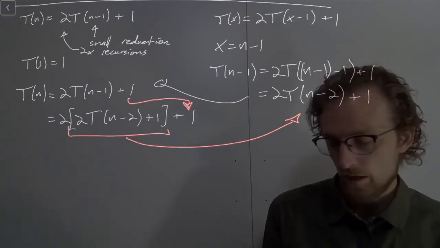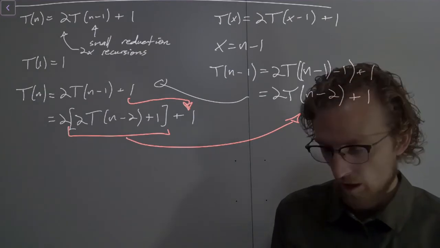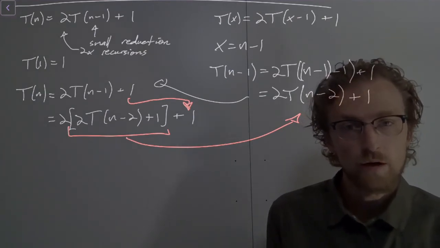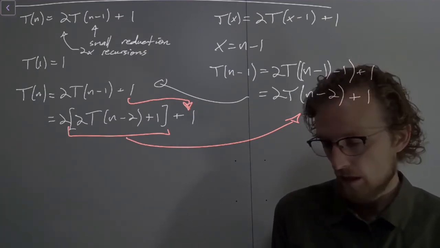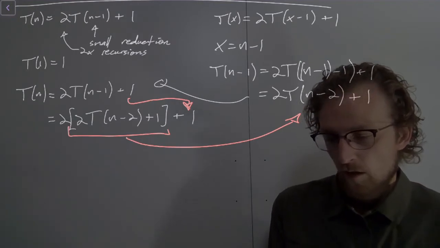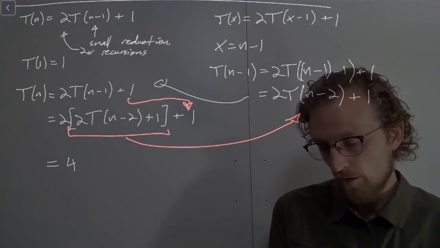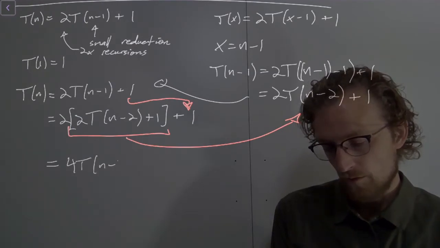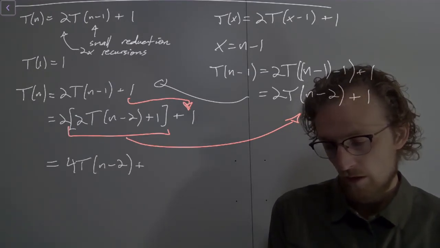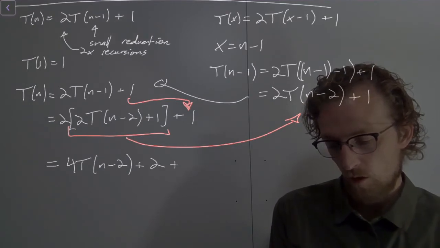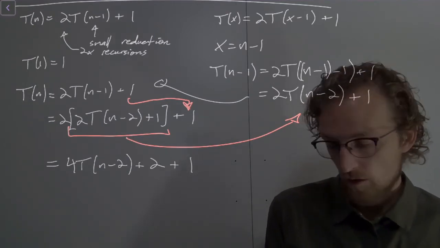Bookkeeping is key with this, as I will continue to harp on. Make sure that you have your parentheses in the right spot and that you're not mixing terms. So we'll simplify and then do one more step. What do we have here? We have 4 T of n minus 2 plus 2 plus 1. Okay, so onward.